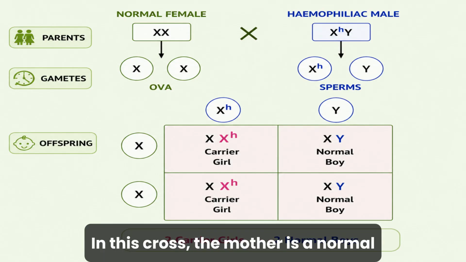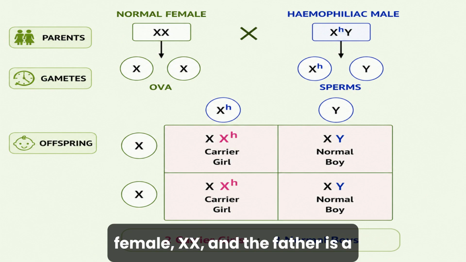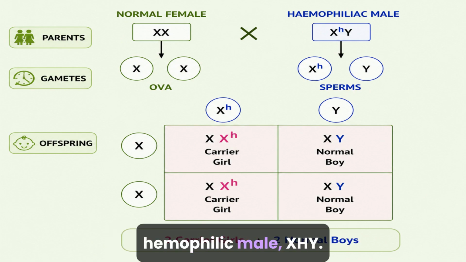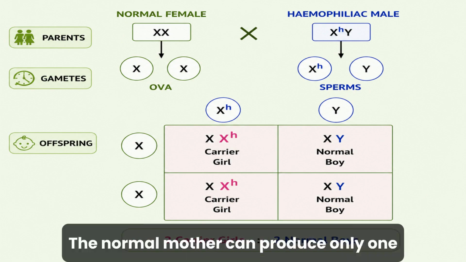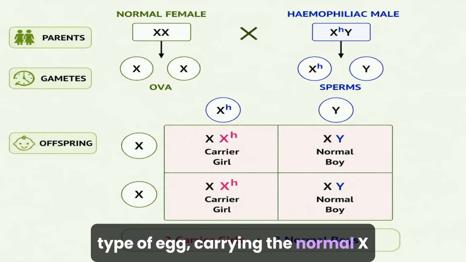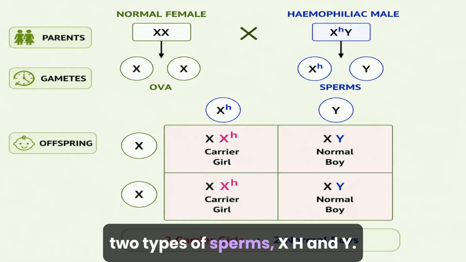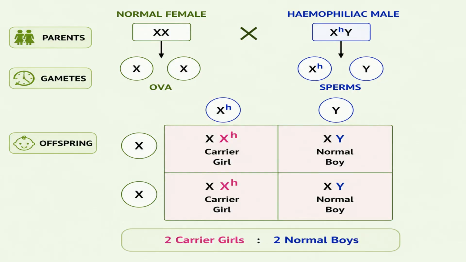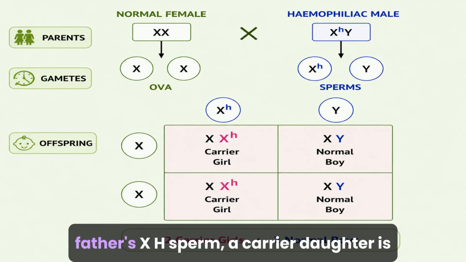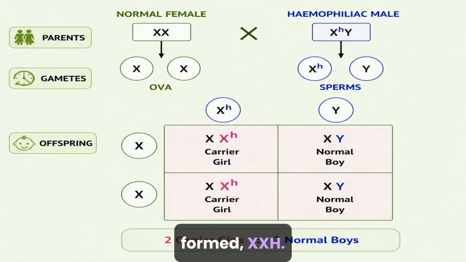Cross 2. In this cross, the mother is a normal female, XX, and the father is a hemophilic male, XHY. The normal mother can produce only one type of egg, carrying the normal X chromosome, while the father produces two types of sperms, XH and Y. When the mother's X combines with the father's XH sperm, a carrier daughter is formed, XXH.